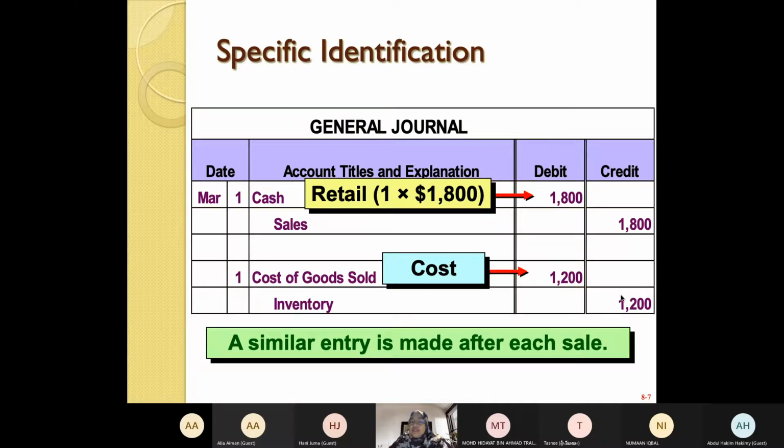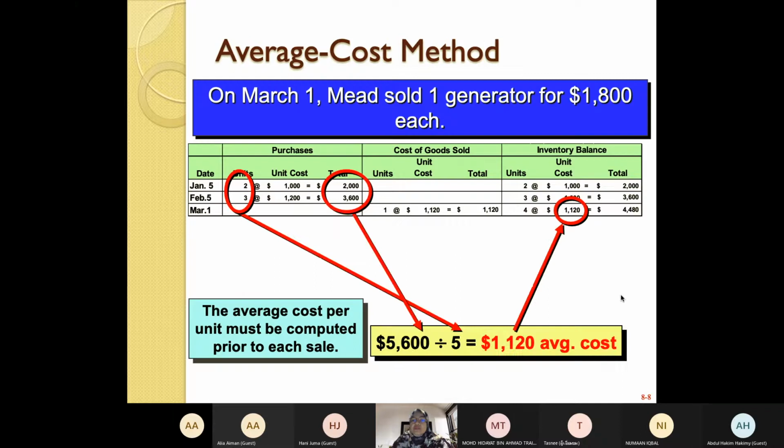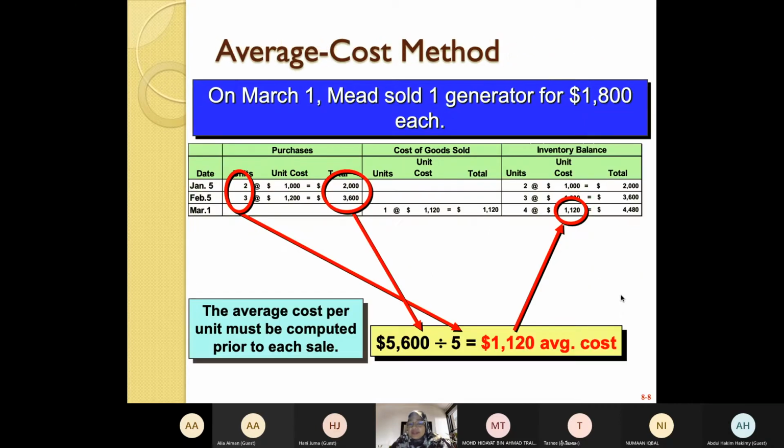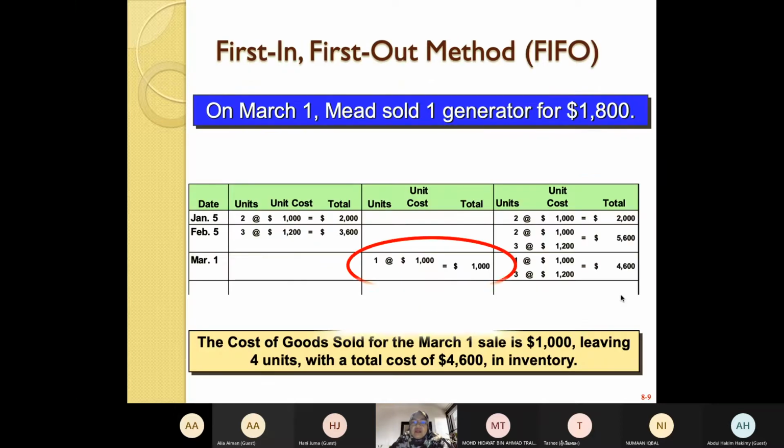Right? So under this one is specific identification. I do not want to go into the average cost method yet, because later once you understand better, you can go back to this slide. Let's go into what we call the first in, first out method. It means that whatever balances you have in your accounts, when you make sales, you're going to take from the first balances.